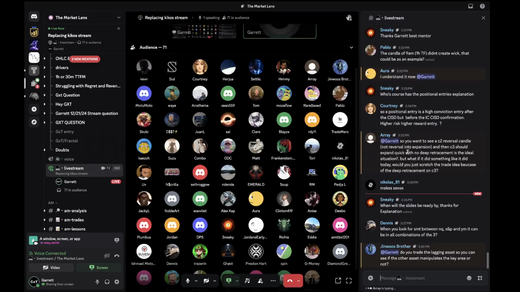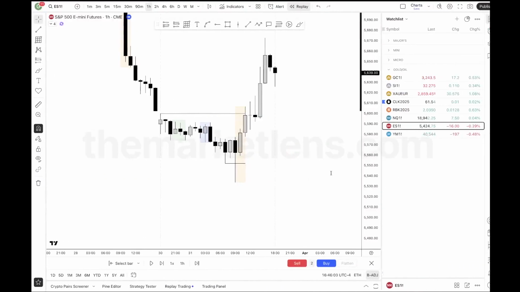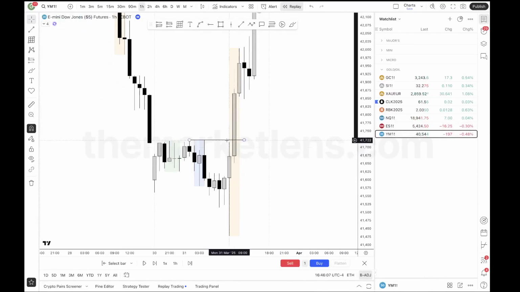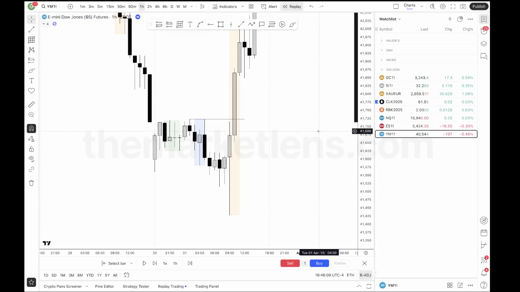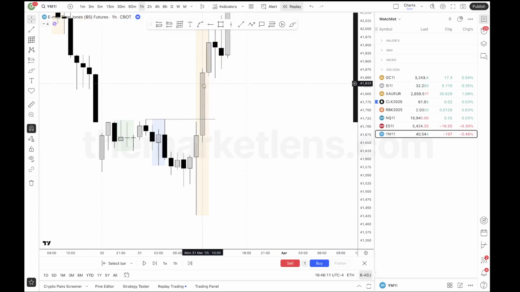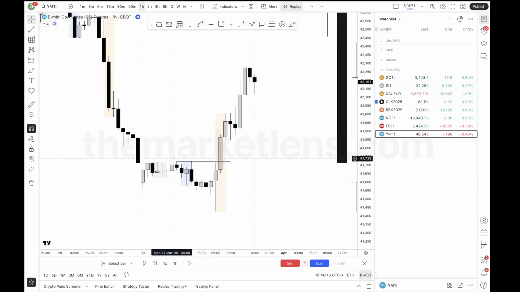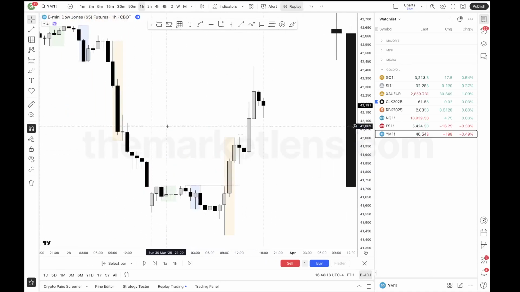Can you trade the lagging asset? Yeah, you can trade the lagging asset. Because if you look at YM here, I didn't trade YM here. I traded ES or NQ, I forgot. But here, I don't know how far we're going to displace through these highs and what we're going to target.